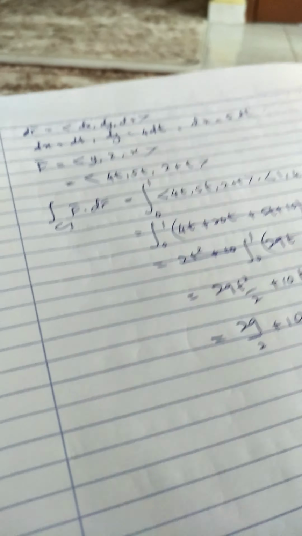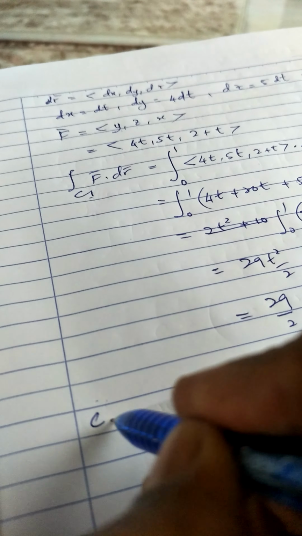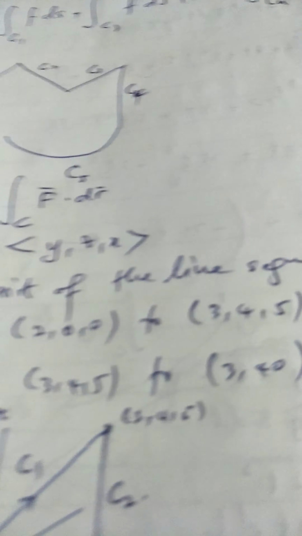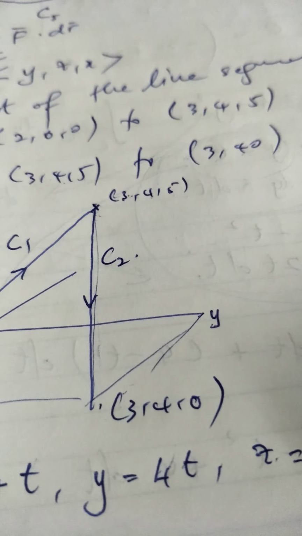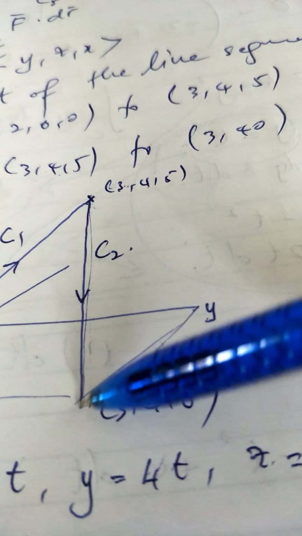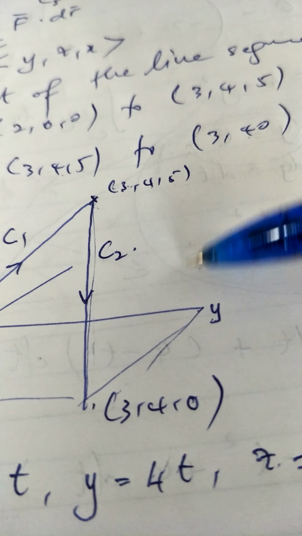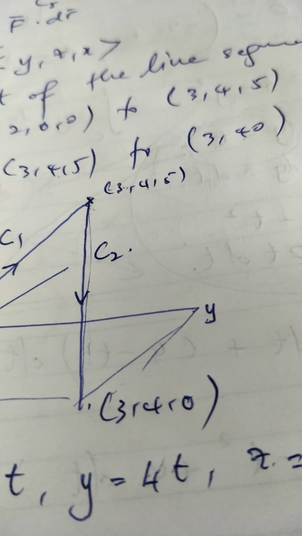Then for C2, look at your line here. You can see that x, y doesn't change, z also doesn't change, so basically z equal to t.